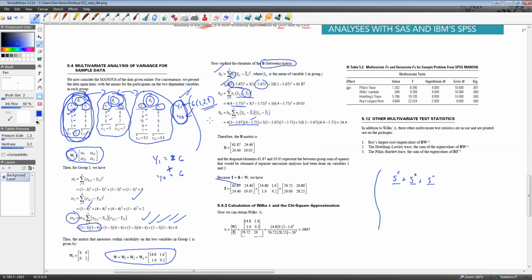But this is where the actual hypothesis is. This is the reason why you're doing the MANOVA. You're doing the MANOVA because you want to see whether there's a crossing here, not only within groups. The fact that these cross is not really interesting.